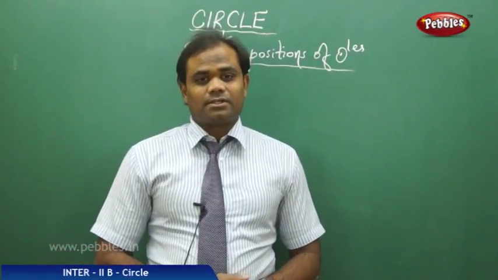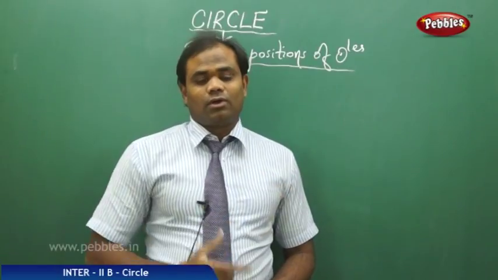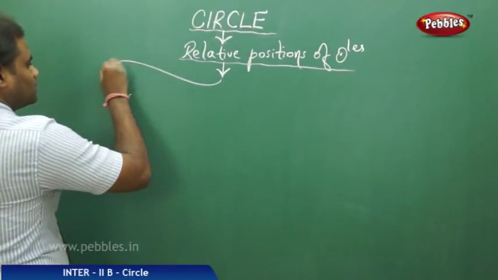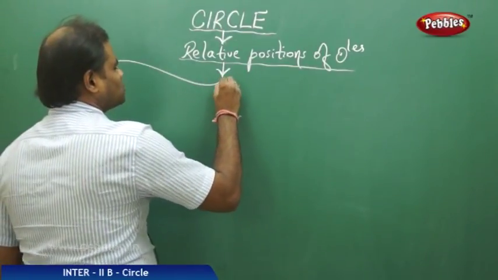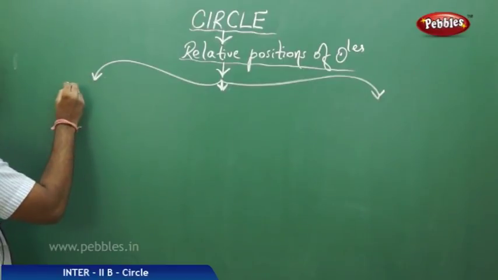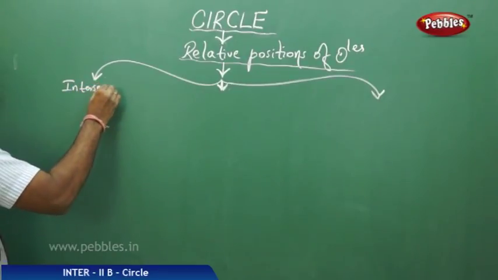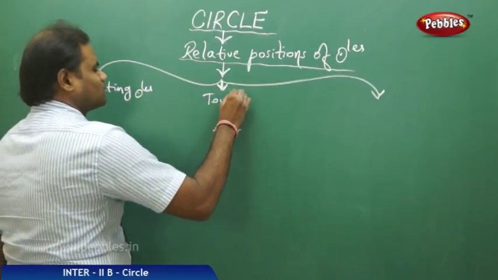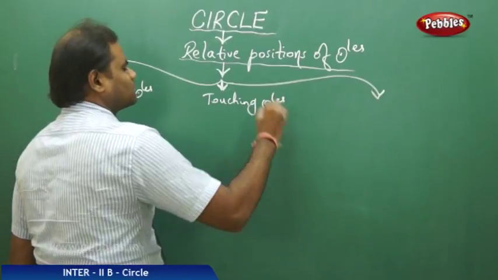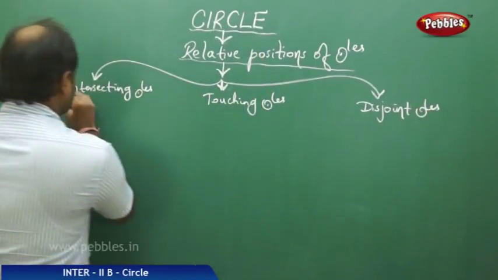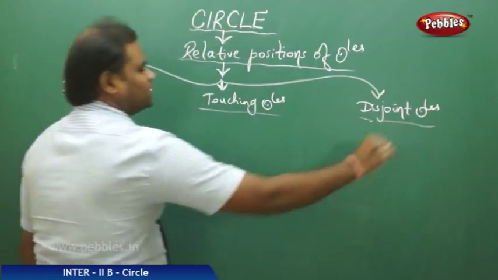So let's take three cases and see the different properties studied under them: intersecting circles, touching circles, and disjoint circles.